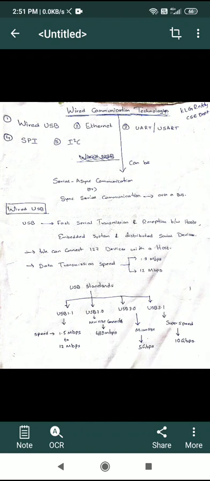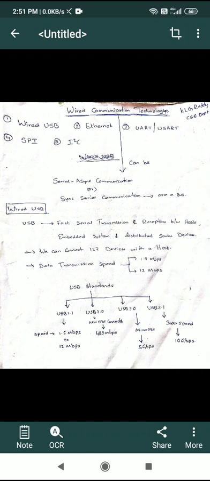The second one is USB 2.0. It is called the minimum sized connector. It has a maximum speed of 480 Mbps, meaning the data transmission rate is 480 Mbps. USB 3.0 is called the micro sized connector, and it has a maximum data transmission speed of 5 Gbps.